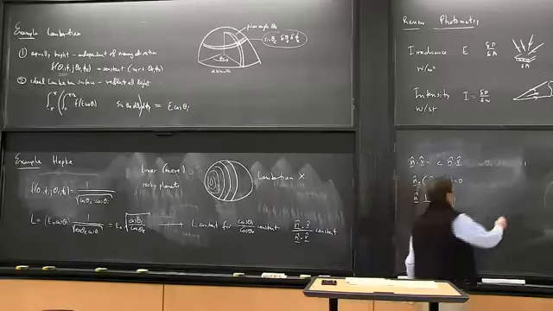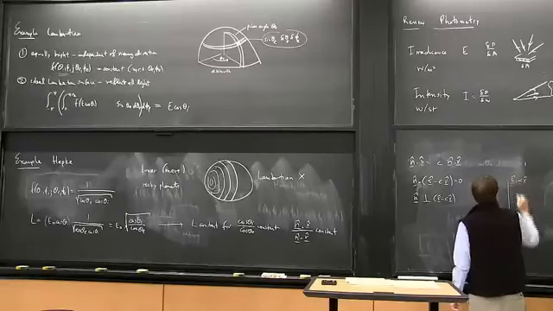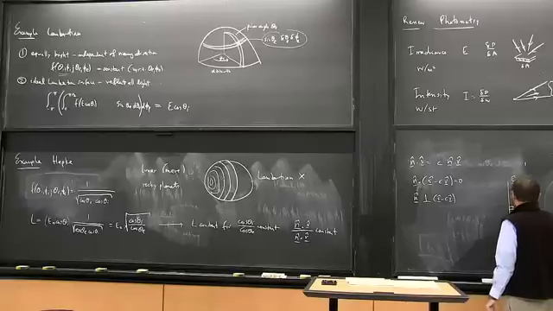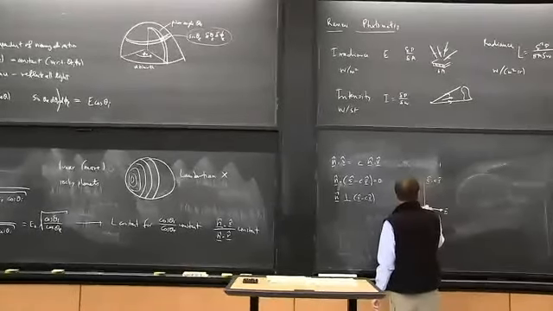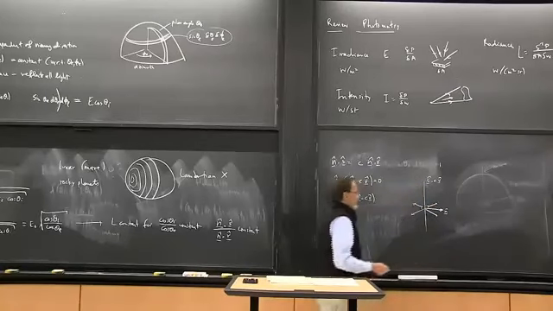So we have some vector, and then we're saying that n is perpendicular to that. That's one n. Well, here's another one. All right.